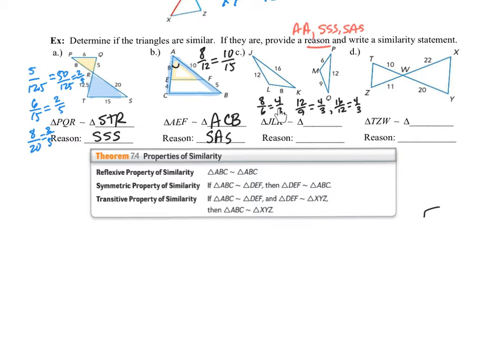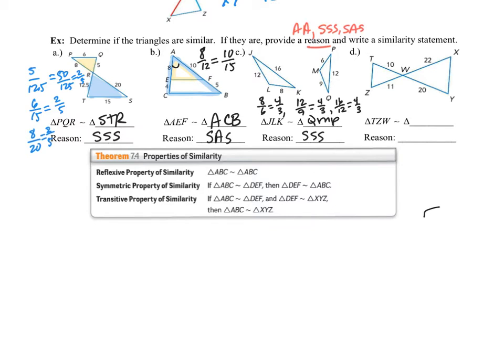So we can see that all three ratios reduce to 4/3, meaning all three sides are proportional. So we can say, yes, the two triangles are similar by side, side, side. And then let's finish the similarity statement. If we call the first triangle JLK, that would be medium side and then small side. So if I name the second one like that, medium side to small side, that would be QMP.